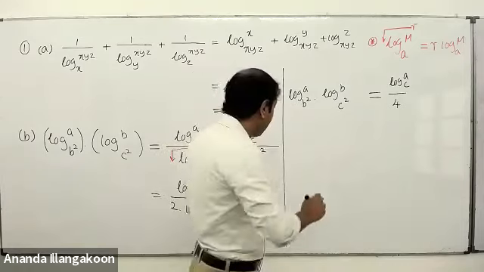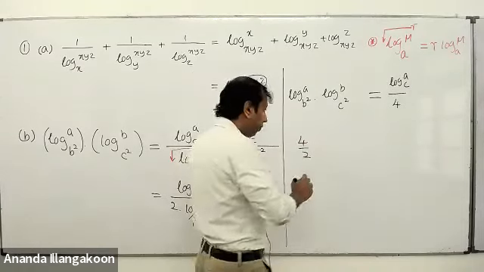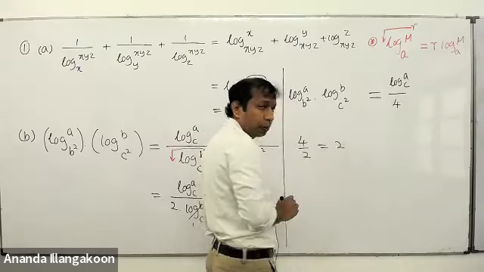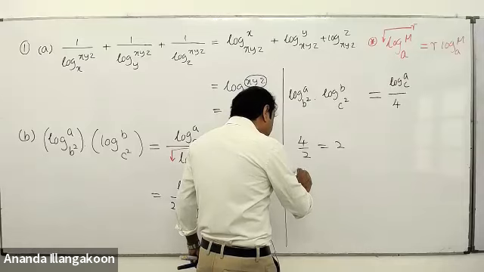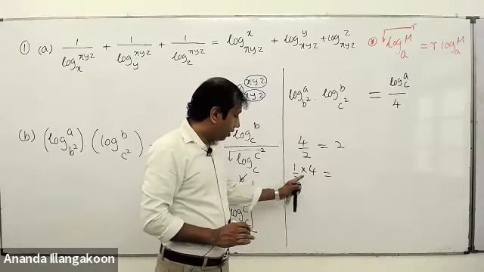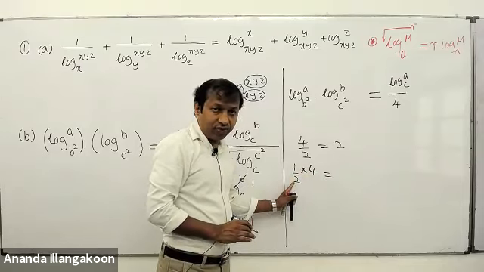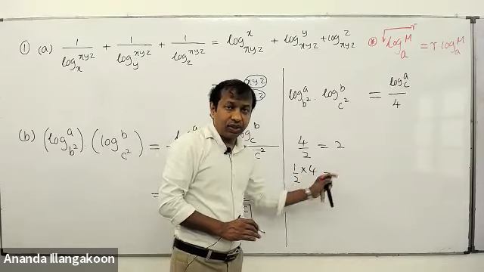See here, dividing 4 by 2 means multiplying 4 by half. Then cancelling this 2 and this 4, again we get 2.